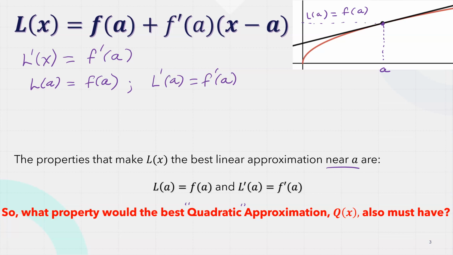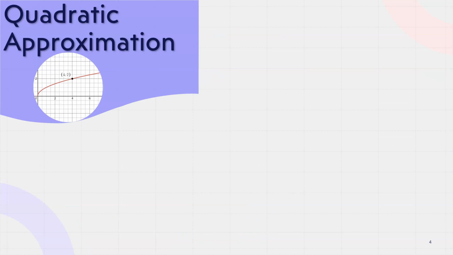You have it right if you say, well, the second derivative of the quadratic approximation is going to have to equal the second derivative of the function at the point a. So keep that in mind, and we're going to go ahead and take a look at that quadratic approximation.